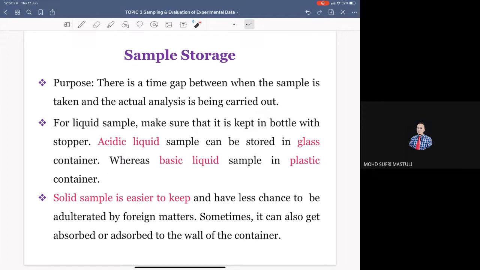A solid sample is easier to keep because there is less probability of it being altered or decomposed by foreign matter. Sometimes the solid sample can also be adsorbed on the wall of the container, or the wall of the sample bottle.